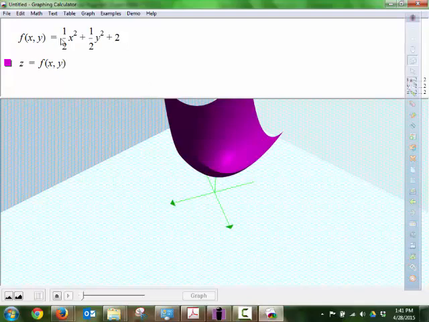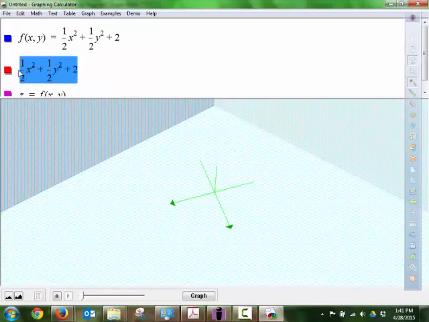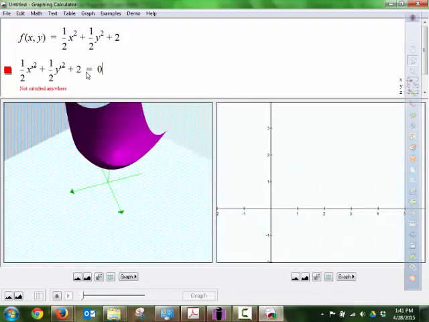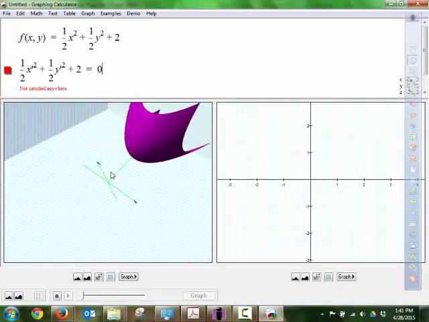So let's take our function and make level curves out of them. And to do this, I'll try to do a split screen. And equals 0 probably won't work because this graph doesn't touch 0, right?